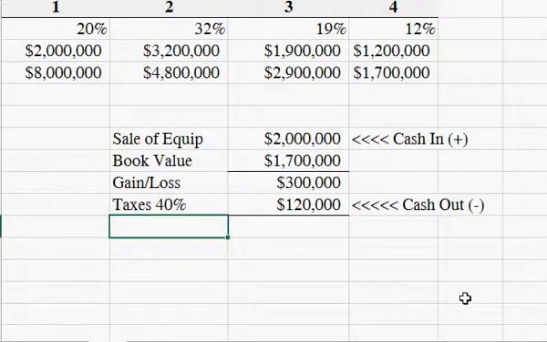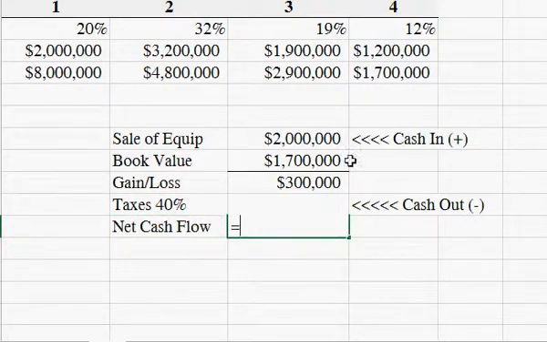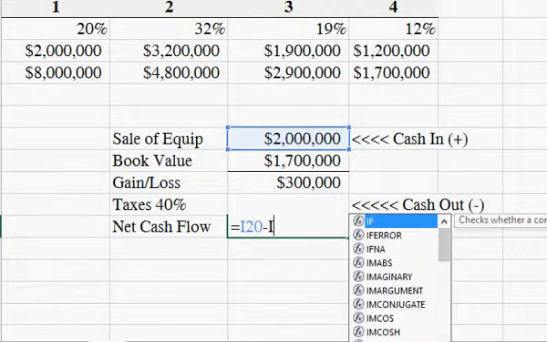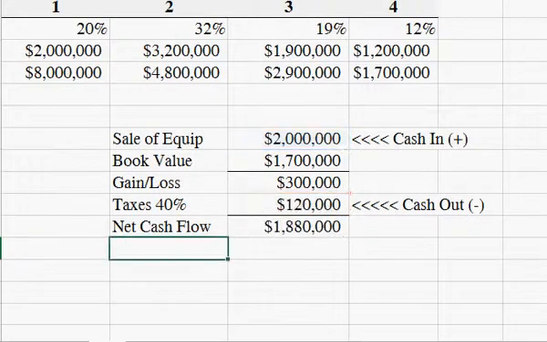So our net cash flow is equal to the $2 million, because that's the money that's coming in, less the amount of taxes that we owe, so minus I-23, and we have a net cash flow of $1,880,000.